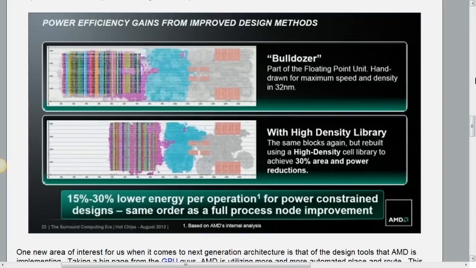Now, this is all well and good, but the problem is this is more or less, even though it's a high-density library, a standard cell design, and so you're going to have issues with getting it clocked up as fast as you potentially can, as compared to a full custom cell design, which is that top portion.